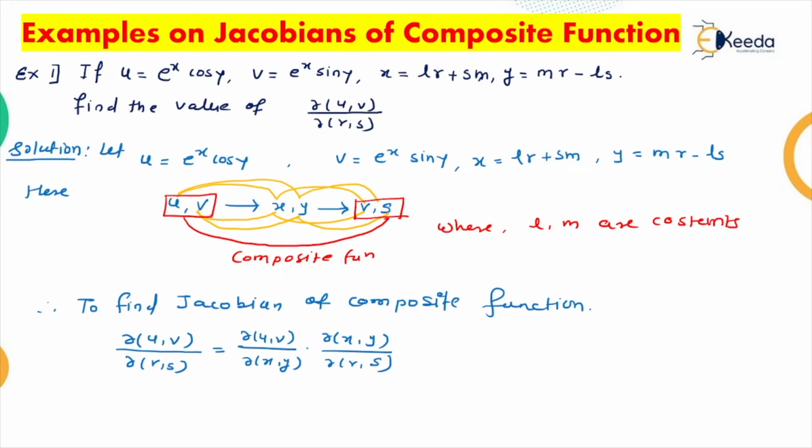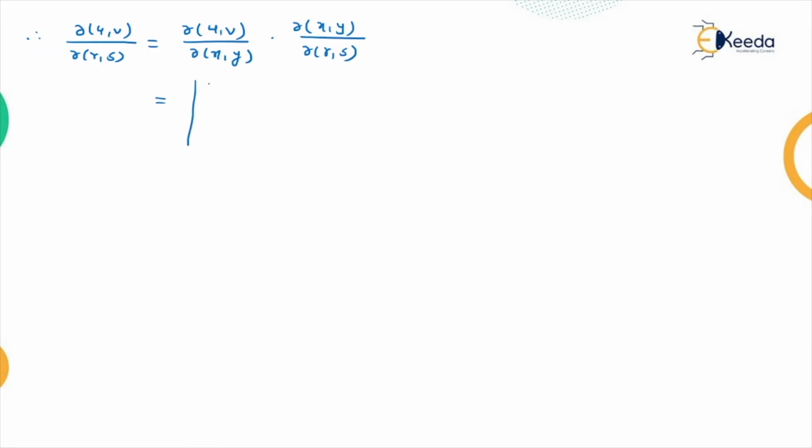∂(u,v) upon ∂(r,s) can be found using ∂(u,v) upon ∂(x,y) and ∂(x,y) upon ∂(r,s). The definition is a 2 by 2 determinant: ∂u/∂x, ∂u/∂y in the first row, ∂v/∂x, ∂v/∂y in the second row.